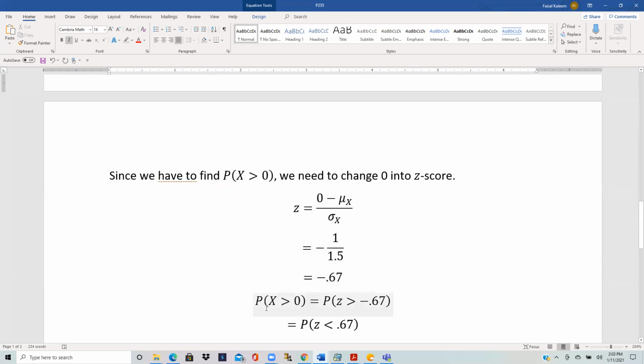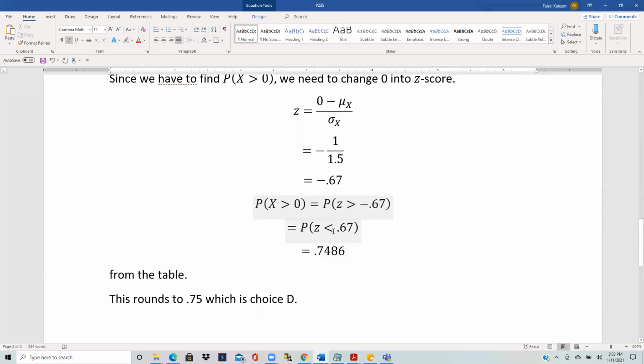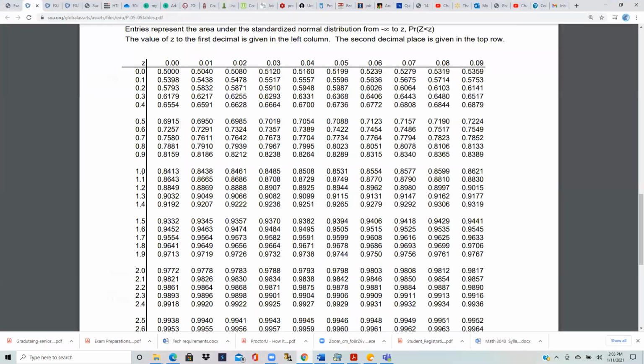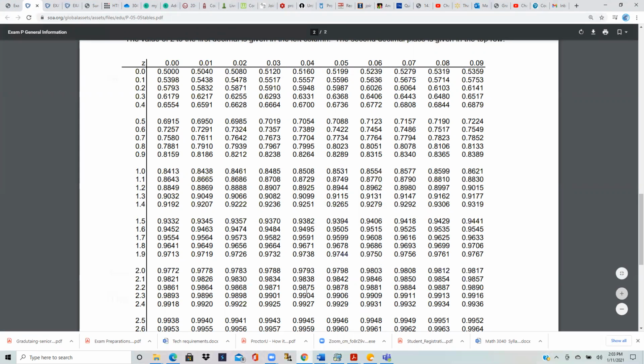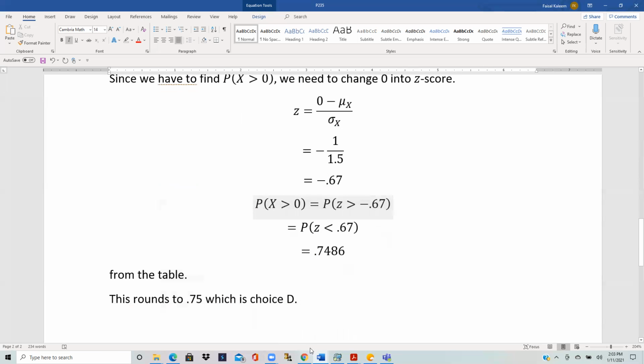So the probability X greater than 0 is the same as the probability Z greater than negative 0.67, which by symmetry of the normal curve is the same as the probability Z less than 0.67. From the table of cumulative probabilities, that is 0.7486. That rounds to 0.75, which is choice D.